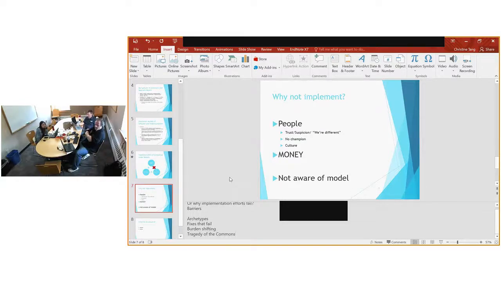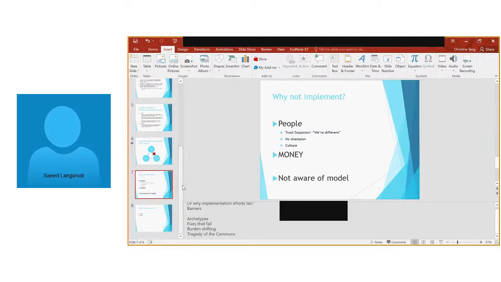I think there is also another archetype developed by Jennifer Kemeny. This is not a very famous one, but she calls it jumping from one boat to another in a white river.